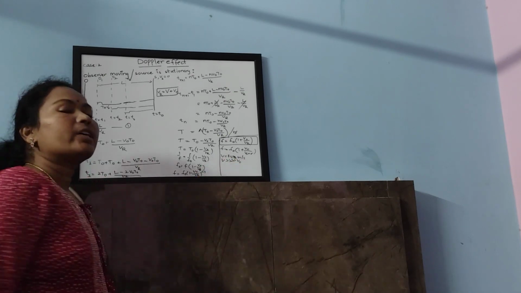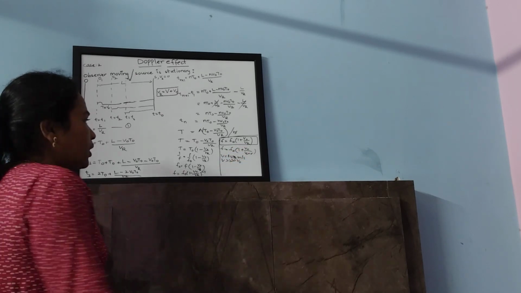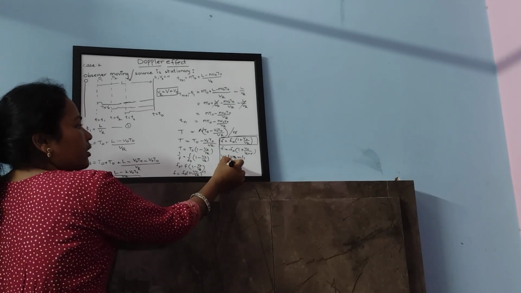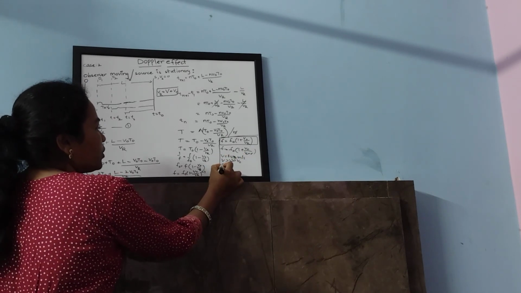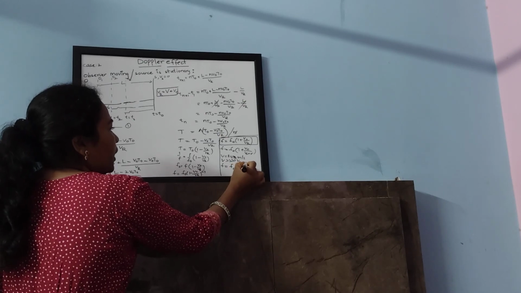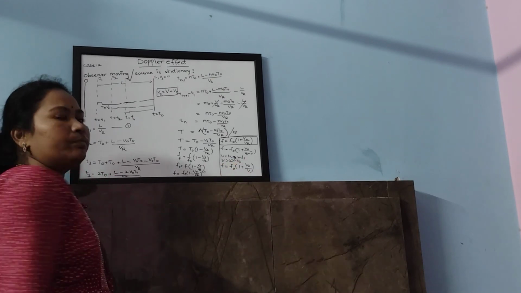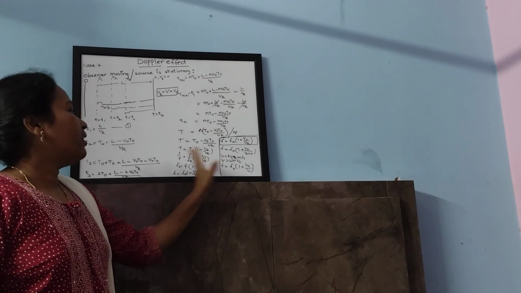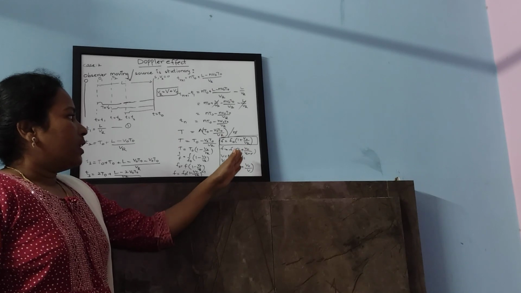So it is much bigger than the observer's velocity, so we can neglect V naught here. So from this we can get F is equal to F naught into 1 plus V naught by V. Comparatively, the observer's velocity is much lesser than the velocity of the medium, so we are not taking this.